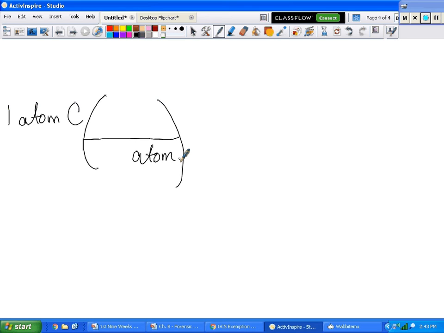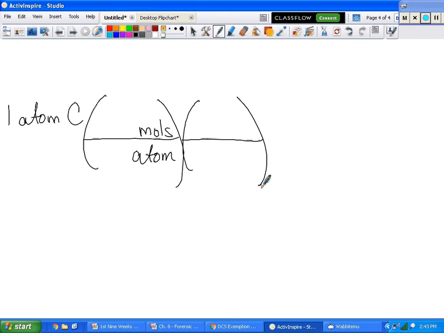Now, can I put my equal sign and stop? No, because the question specifically asks me to calculate what? Grams. Okay? So atoms have canceled.